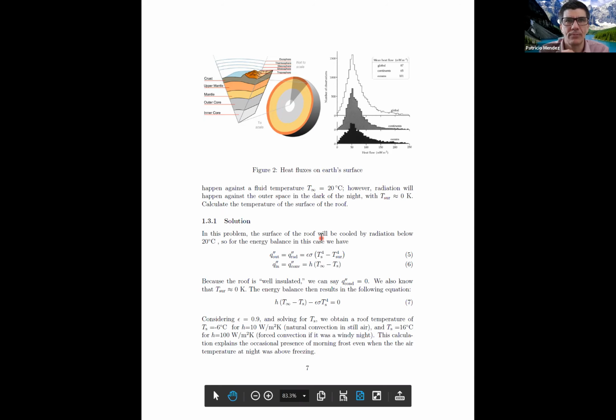But as it gets colder, it's going to start receiving energy by convection from the warm air at 20 degrees. I can calculate then the temperature of the roof just by doing a balance between how much energy is being lost by radiation to 0 Kelvin in space and how much energy is being gained by convection from the surrounding air.